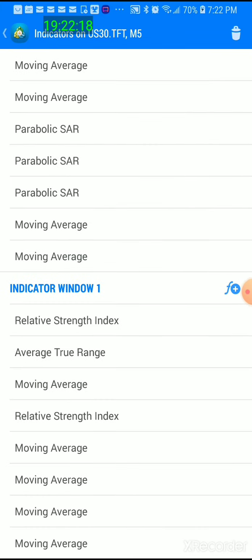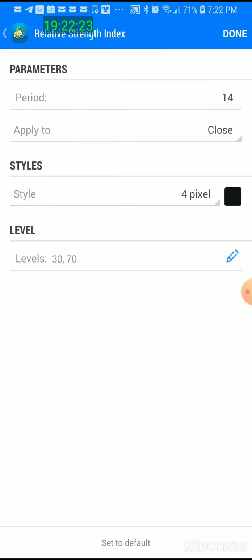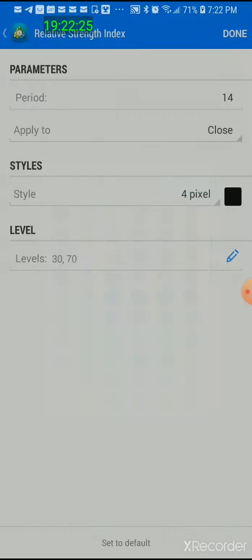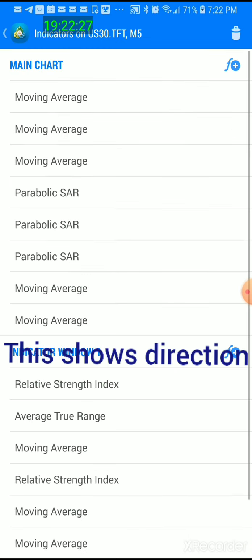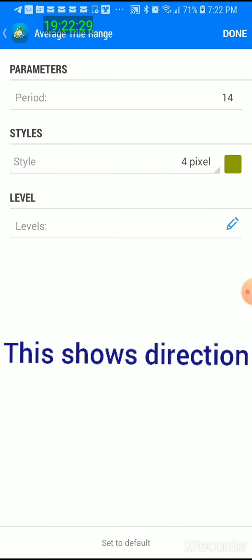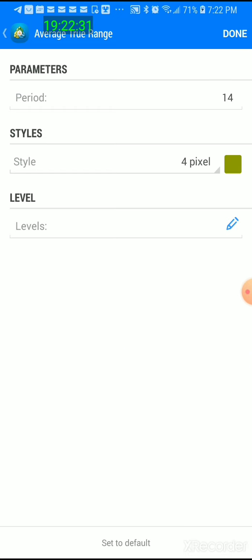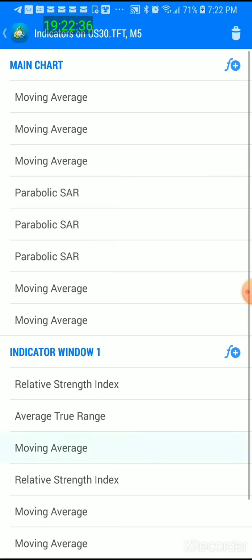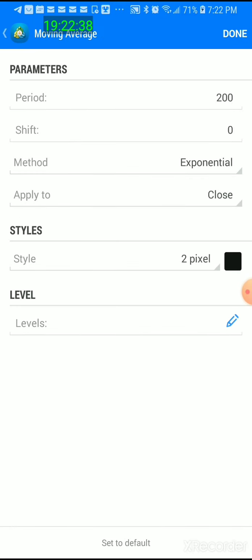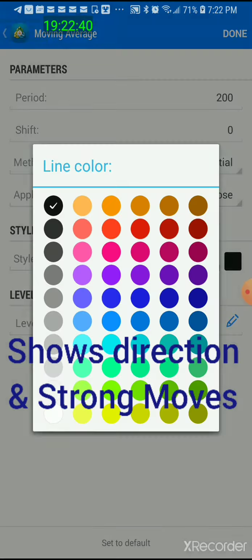Moving down to my indicator windows below. RSI 14 close, 4 pixel, black of course, levels 30 and 70. ATR, period of 14, style 4 pixel, green down there. Moving average 200, exponential close, black.